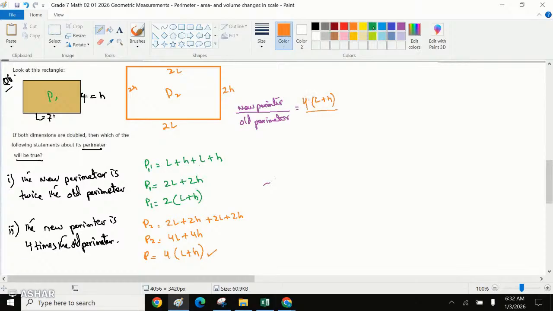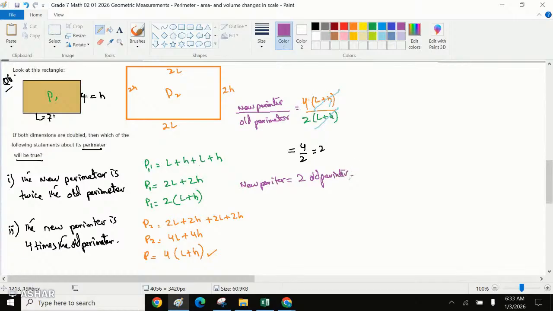Can we cancel length plus height because it's the same in the numerator and the denominator? This becomes 4 upon 2, which simplifies to 2. So the final statement can be written as, when we cross multiply, new perimeter is equal to twice the old perimeter.